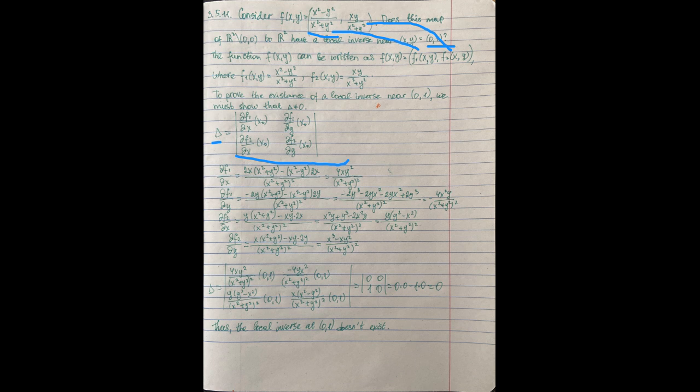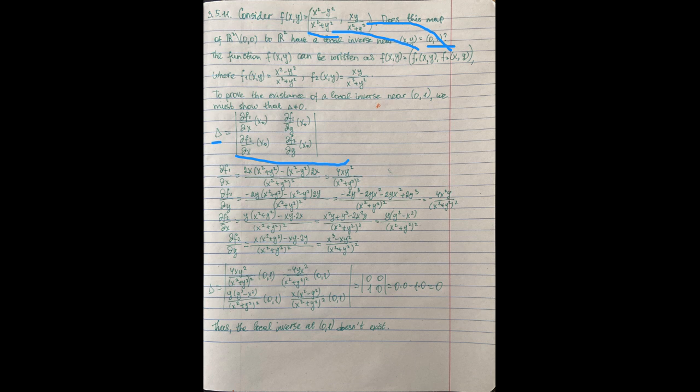First I find the partial derivatives separately, because it's a long process. Because we have a quotient, I use the quotient rule, and the results are presented on the slide. I'm not going over it.